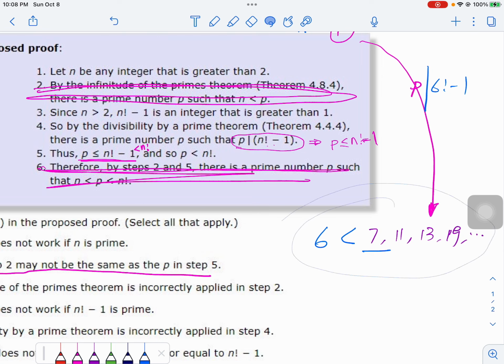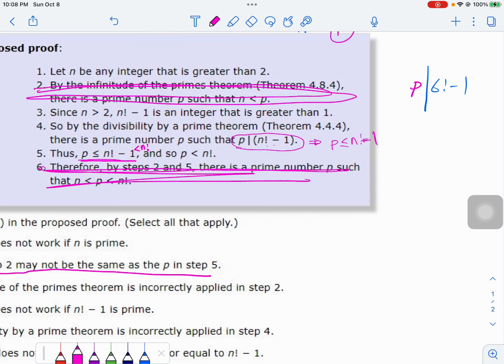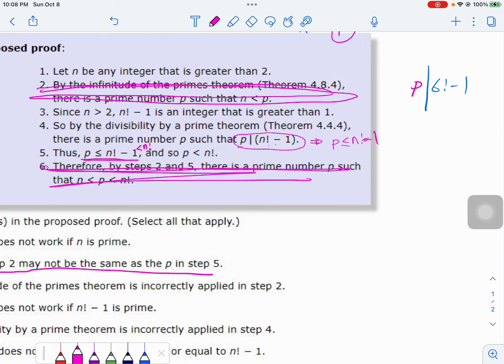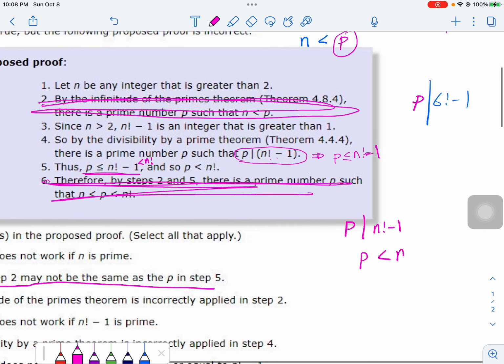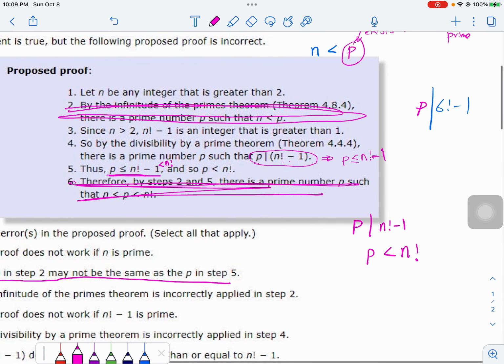So here's what I would add after that. I would say now we do have p divides n factorial minus 1, and also we established p is strictly less than n factorial. Okay, strictly less than n factorial. So now the next step, I'll use a bullet point.